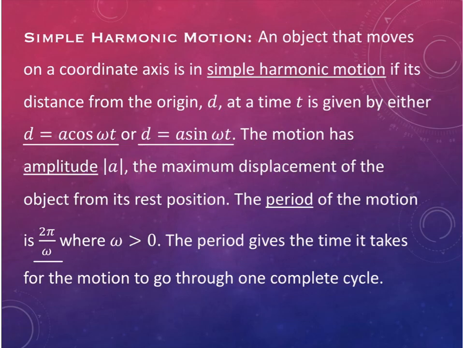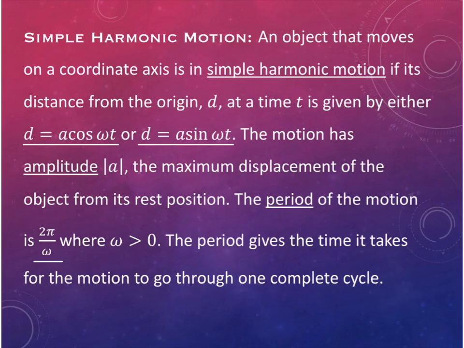An object that moves on a coordinate axis is in simple harmonic motion if its distance from the origin D at time t is given by either D equals a cosine omega t, or D equals a sine omega t, where omega is the Greek letter omega.